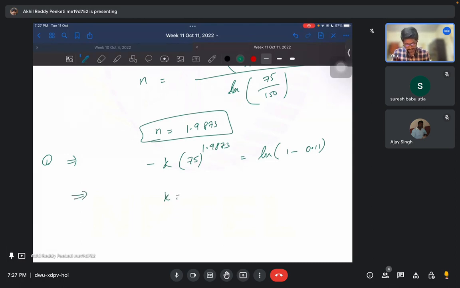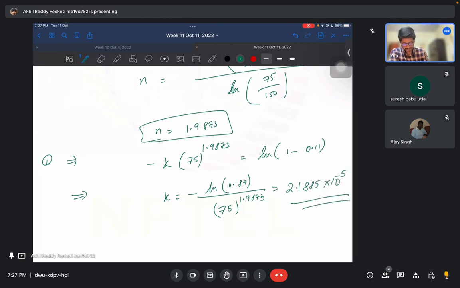So this would give k as minus log of 0.89 by 75 power 1.987. So you would get k as 2.1885 into 10 power minus 5.